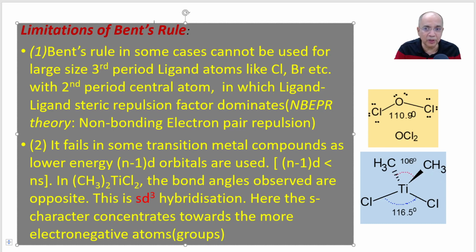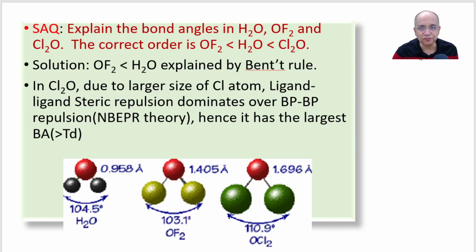We are not saying it follows Bent's rule, but I am just saying why the opposite thing has happened. It may be due to the d orbital having a lower energy than s, N-1 d less than Ns.